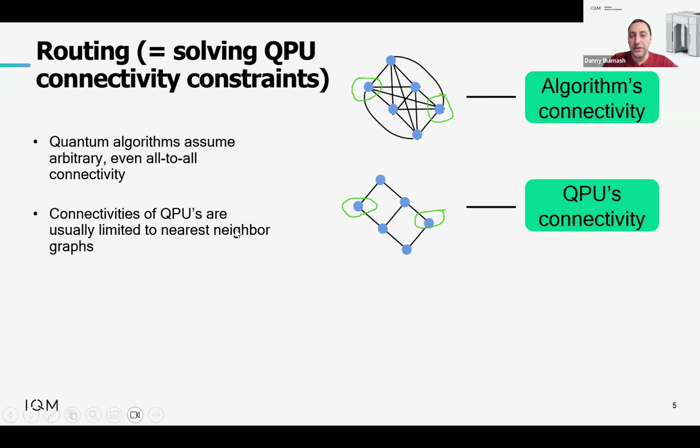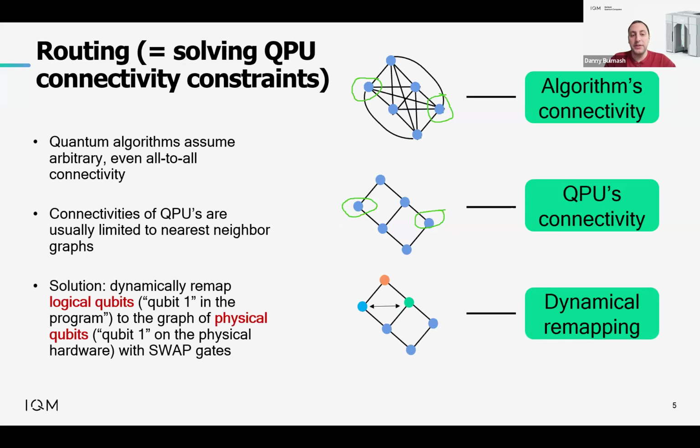So we have to figure out how to implement our arbitrary algorithms using arbitrary connectivity on a QPU that doesn't have that physically. So what we have to do is something called dynamical remapping or circuit routing.